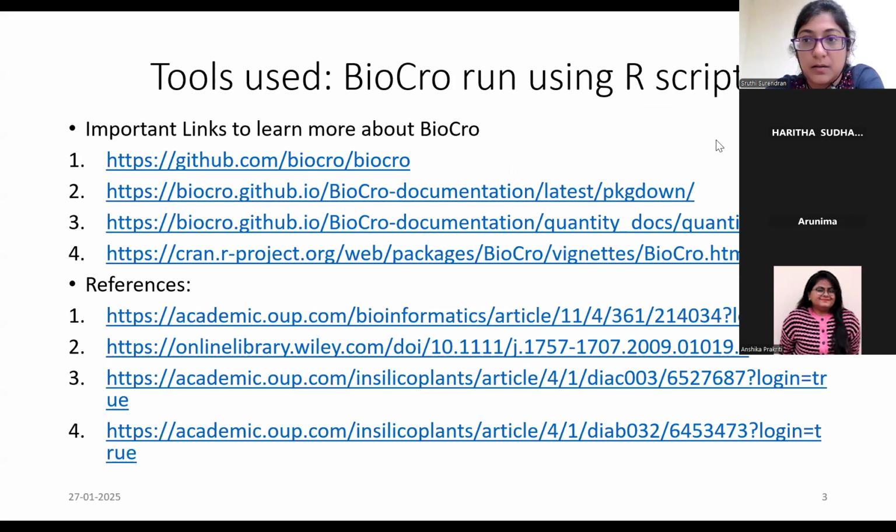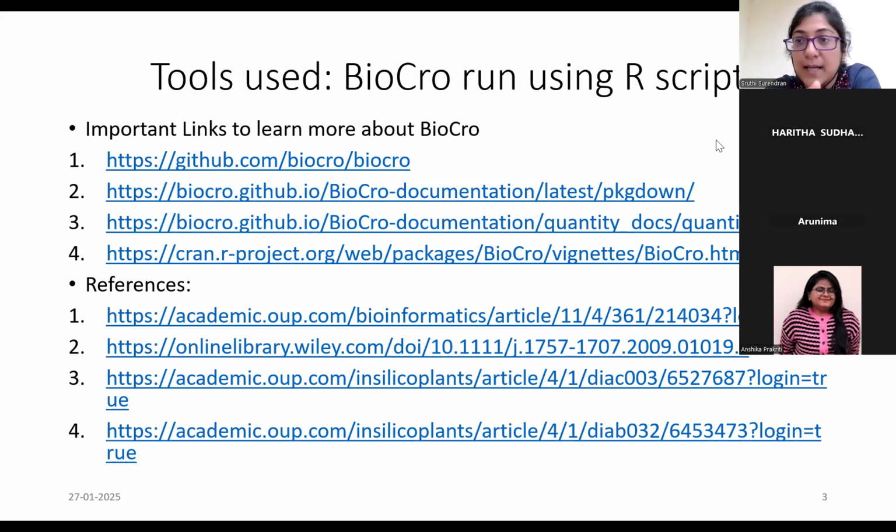Before I go into this course, one tool that I'll be using side by side with the theory is a crop model called BioCro. BioCro is run using an R script, and these are some of the links you can go through to familiarize yourself with the model.